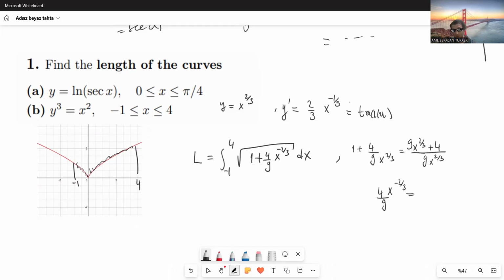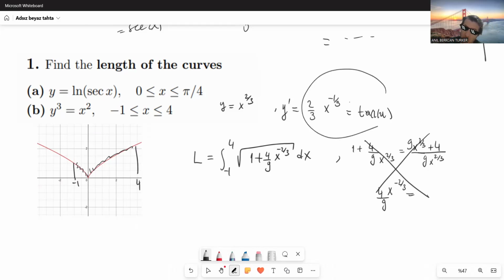I mean, it will be 1 plus tangent squared. Exactly. It will be like 1 plus tangent squared u, then it will be secant. And what will be dx? dx would be, okay, these are not good.